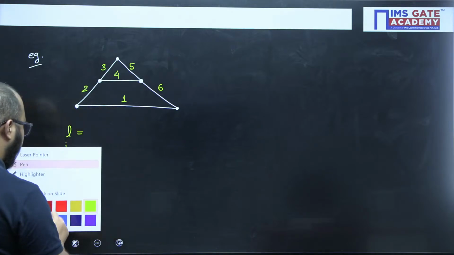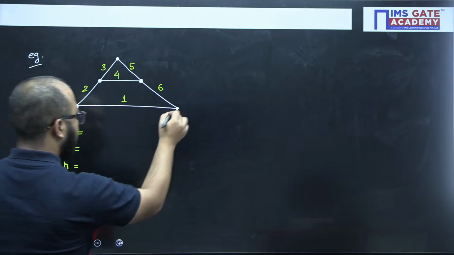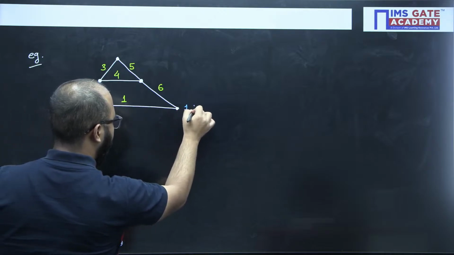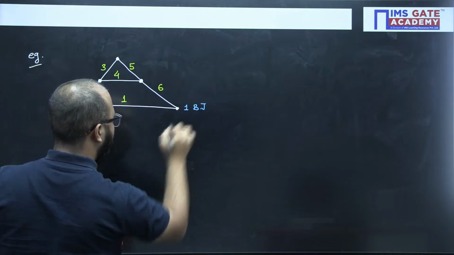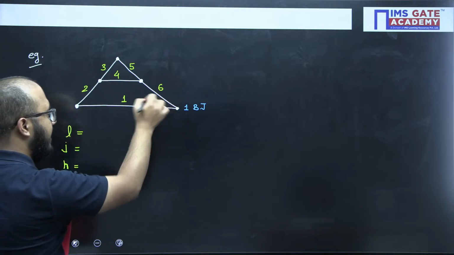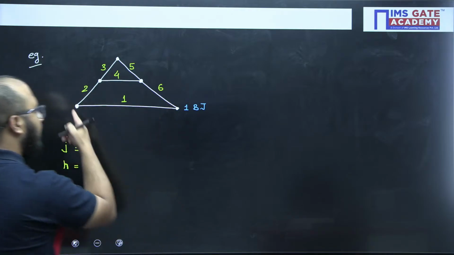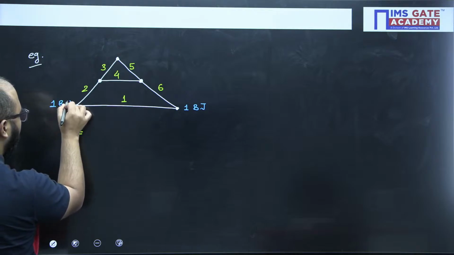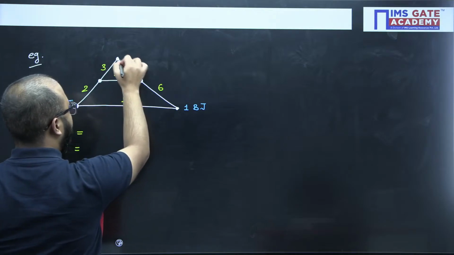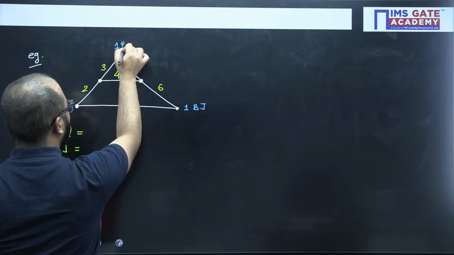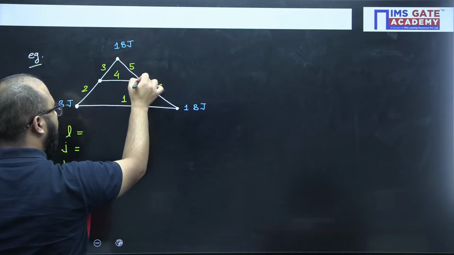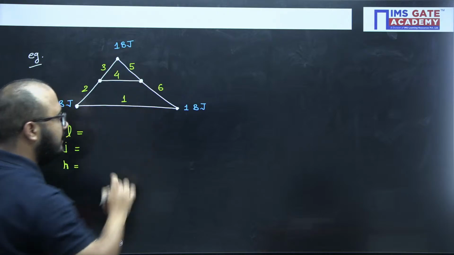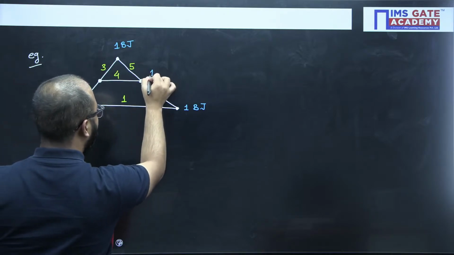Now what about the binary joints? This is one binary joint. How do I figure out it is a binary joint? Because 6 and 1 are connected here. Here 1 and 2 are connected, so one binary joint. Here 3 and 5 are connected, so one binary joint. But here 5, 4 and 6, 3 are connected, so it is a ternary joint.